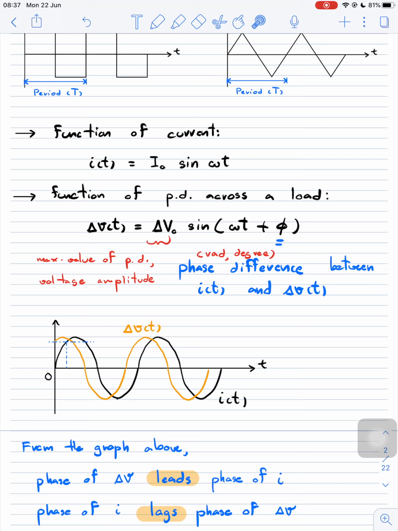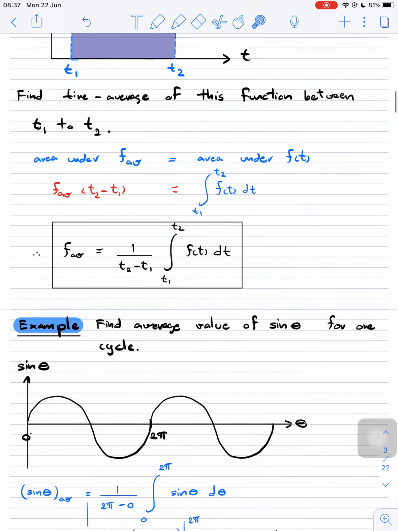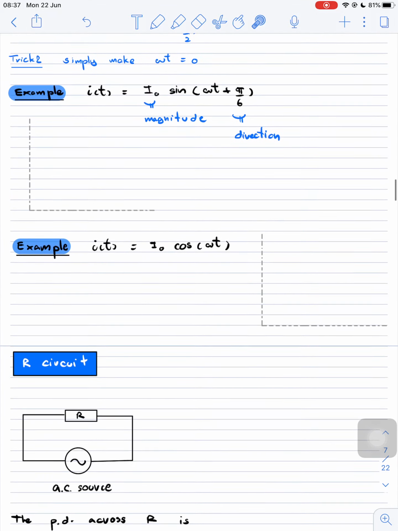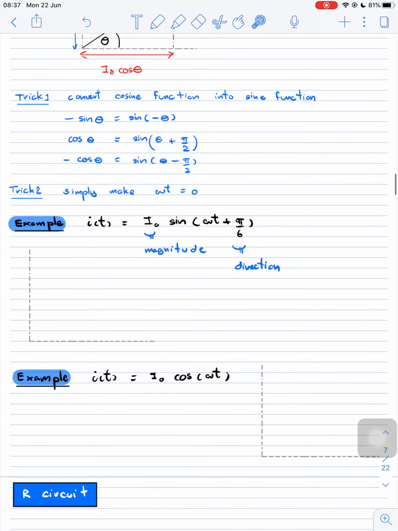Okay, and then later on, in some of them we have the phase difference by the phi here. So then I would recommend that we just make the omega t equal to 0. Okay, so initially we just make the omega t equal to 0, and then for the final answer we just plug the omega t back into the final function.